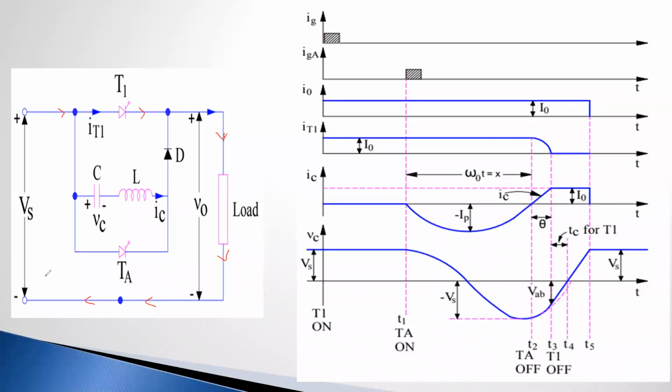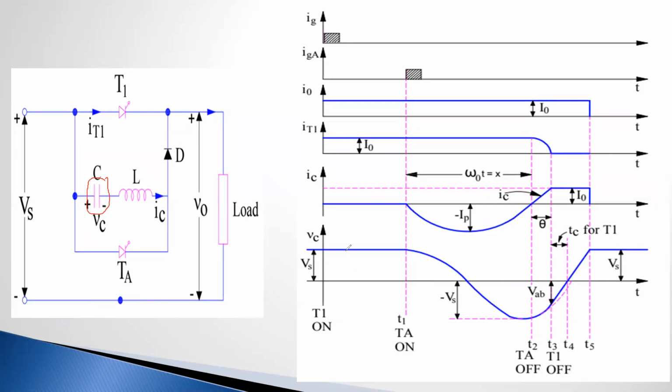It's clear? And second point, at time t equal to 0, the capacitor is fully charged. Initially we have taken this capacitor fully charged, with this plate positive and this plate negative. This is the capacitor voltage.